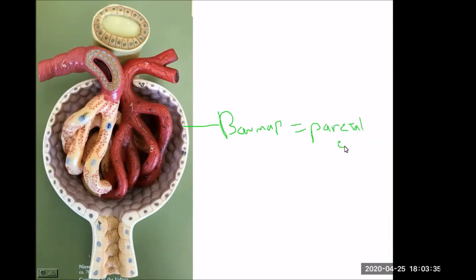So equivalent terms there. That's the outer portion. The internal portion is the glomerulus. And both areas together, Bowman's capsule and glomerulus together, make a renal corpuscle.